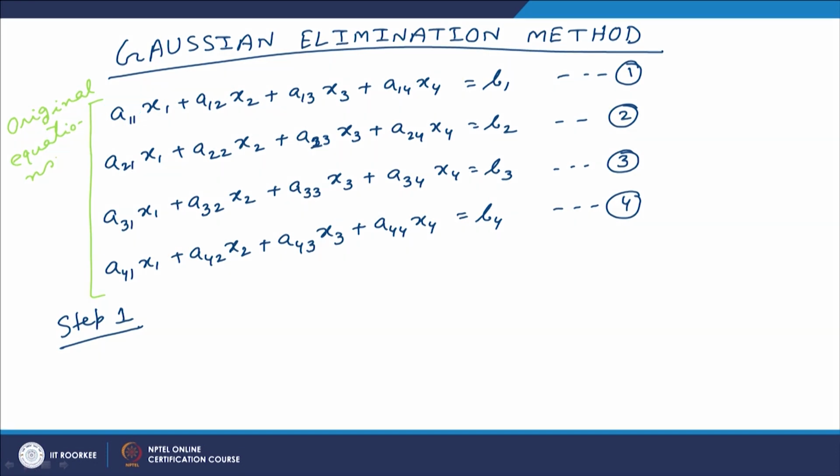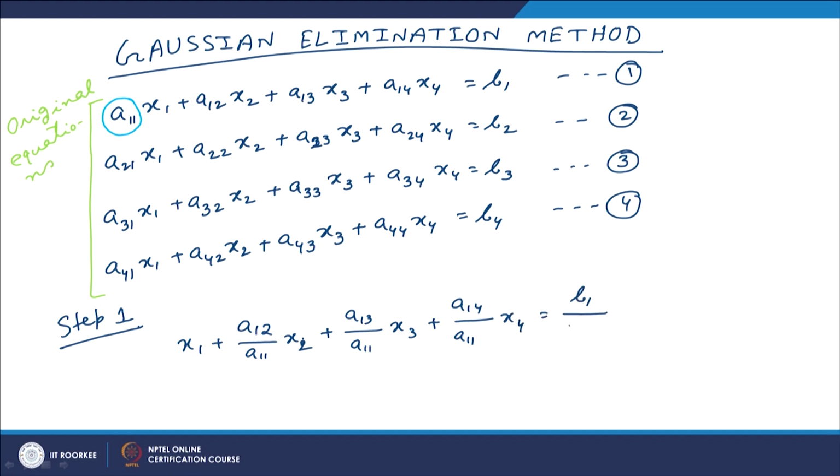When I do this, we get x1 plus A12 by A11 x2 plus A13 by A11 x3 plus A14 by A11 x4 is equal to B1 by A11. Let us say this is equation 5.